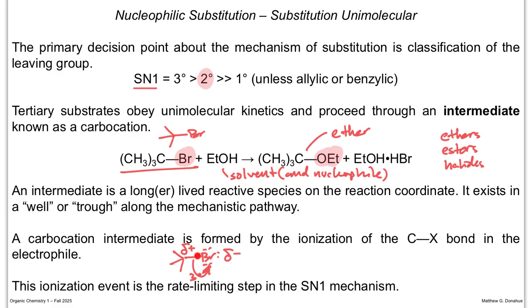We can just cleave that bond. So this is a heterolytic bond cleavage. Those 2 electrons go to bromine. So we formed 2 ions, a carbon cation, that's called a carbocation, and then a bromide anion.